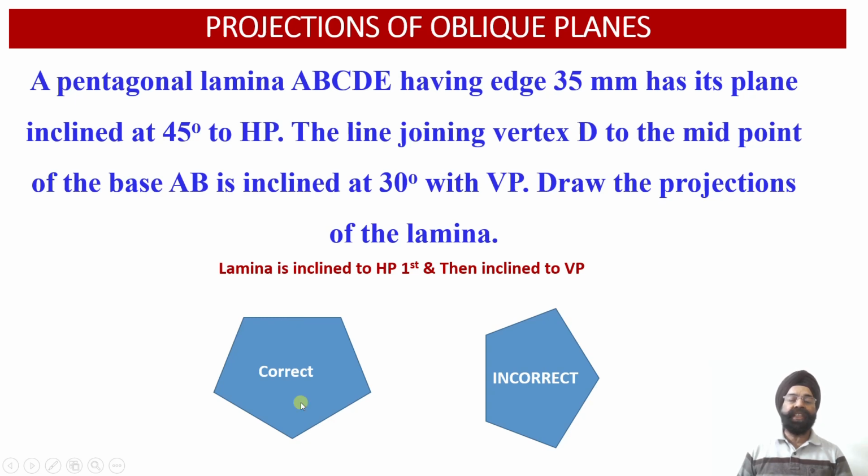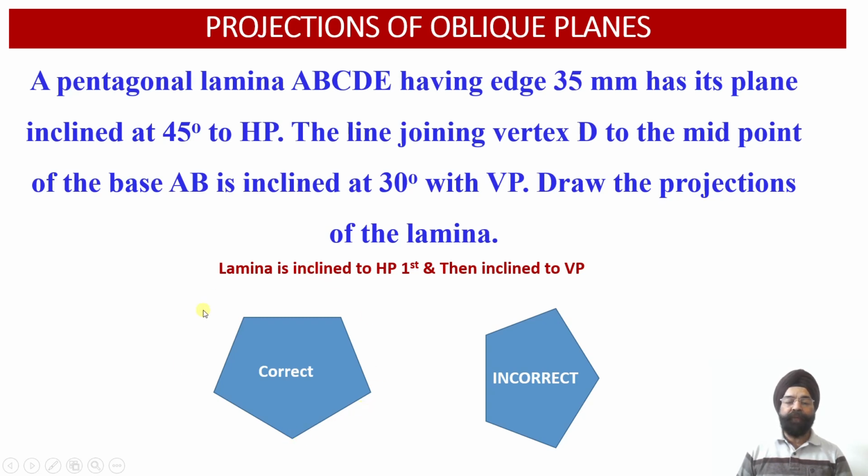So in the top view projections which we have obtained corresponding to the surface of the lamina inclined with respect to the horizontal plane at an angle of 45 degree, this vertical line is still obtained as a true length. In the second iteration, this line we are going to draw at an angle of 30 degree with respect to the vertical plane.